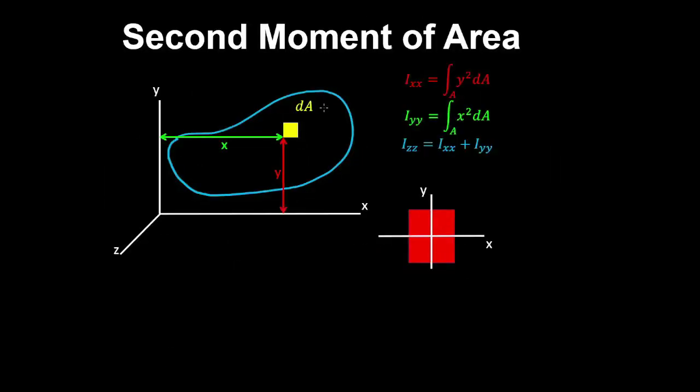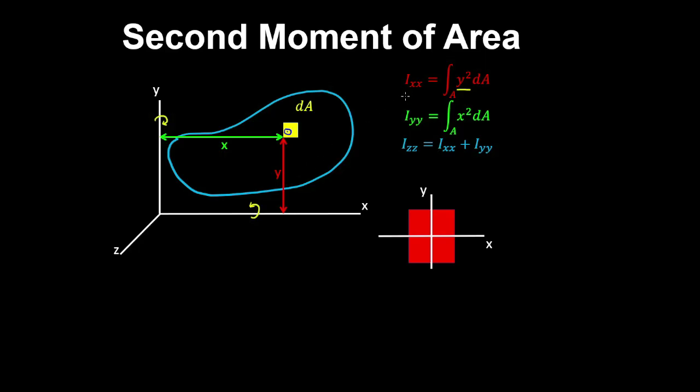The second moment of area has a similar expression to the centroid of a section, but it involves a square of the moment arm. And it comes up as a geometric quantity of a section in resisting a bending stress. So for example, if a stress is applied to this area, and it's a vector coming out of the plane, then it can cause bending rotations about the x-axis and also about the y-axis.